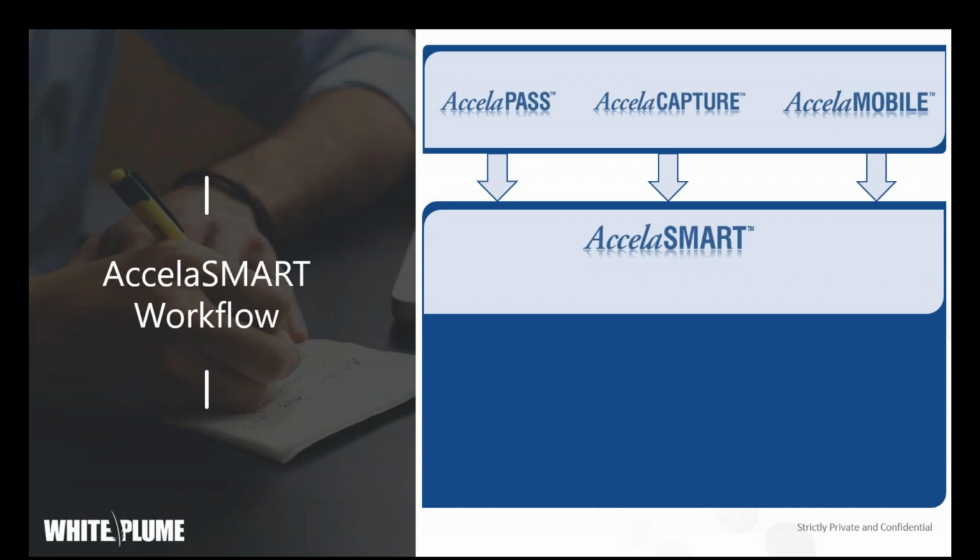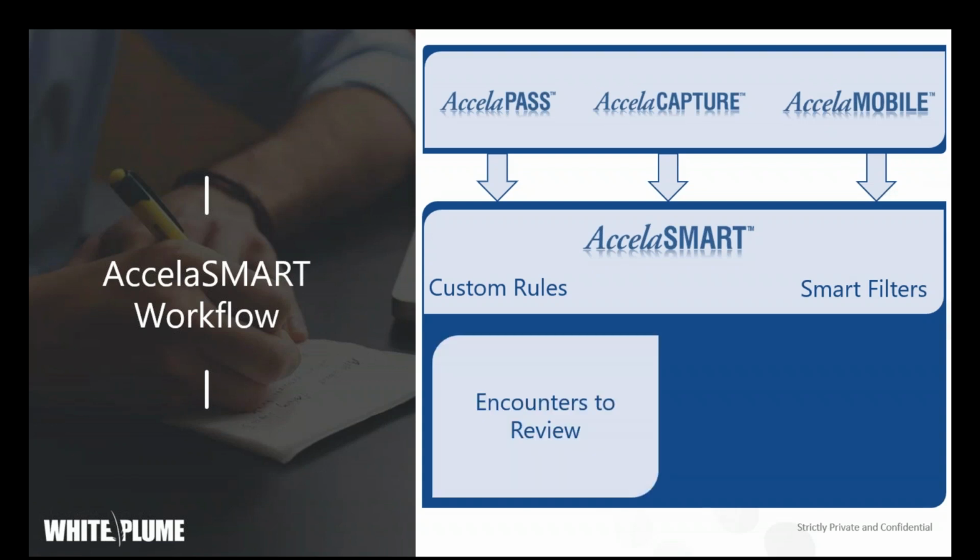And then when we get into AccelaSMART, that's where the billing and coding workflow really picks up. AccelaSMART is going to look at all of the core rules, all of the custom rules, all of the smart filters, and what it's doing is looking at CCI edits, medical necessity guidelines, LCDs, NCDs, rules that are built in that are payer, provider, location specific, filtering out things that don't need to fire, and trying to sort all of those encounters into one of two buckets.